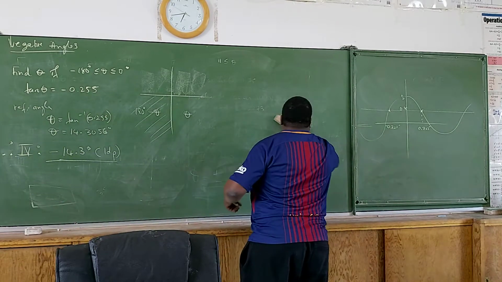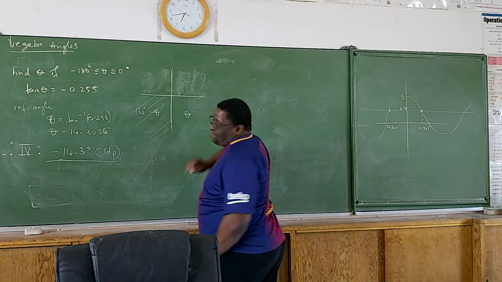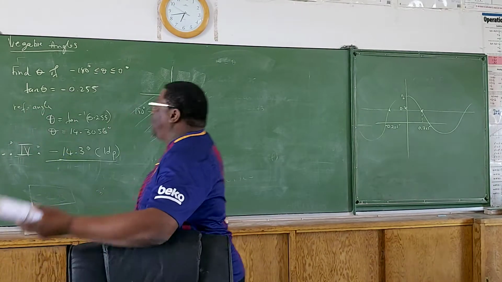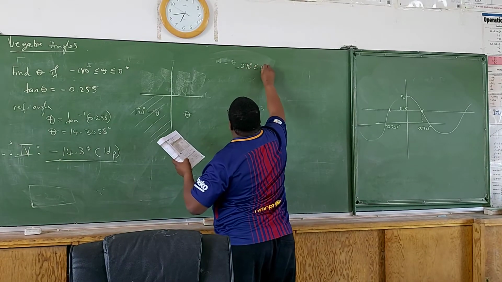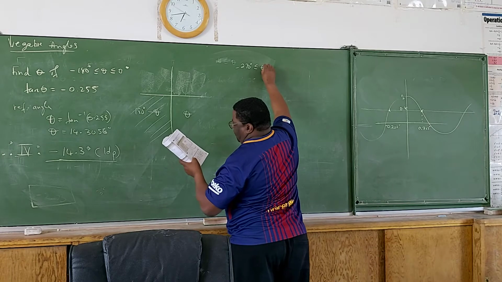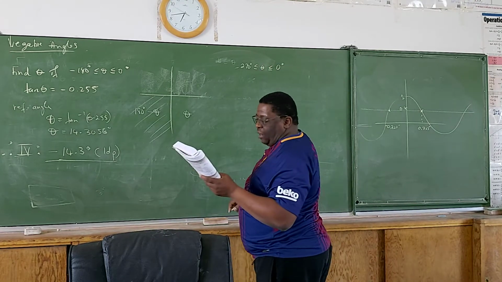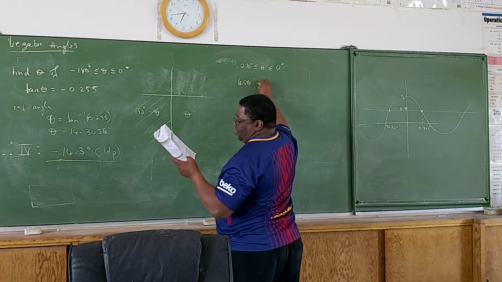Then, the next question. What is the question there? The domain is from minus 270 degrees for theta up to 0 degrees. And our problem is cos theta is equal to something.